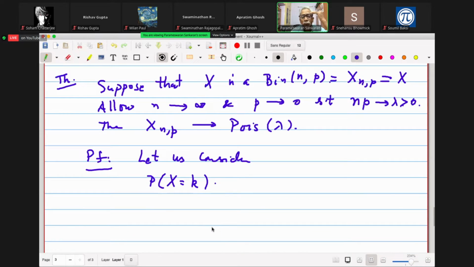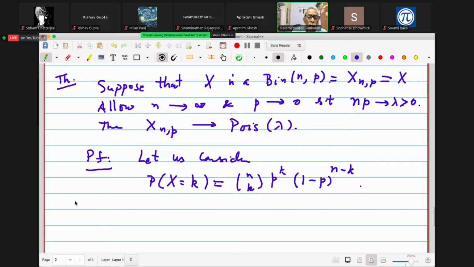All right. Now we are going to write this expression. Of course, we know this. This is just the binomial coefficient, right? n choose k, p to the power k, times 1 minus p to the power n minus k.